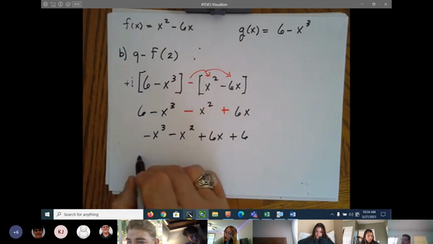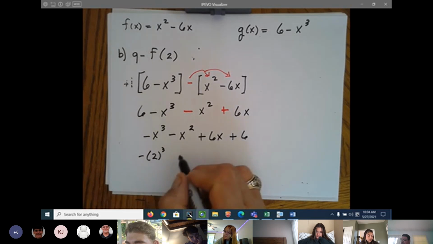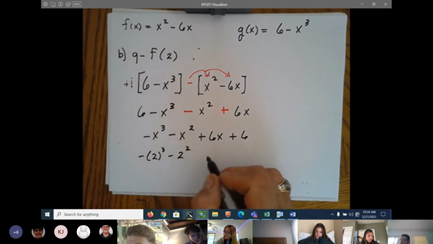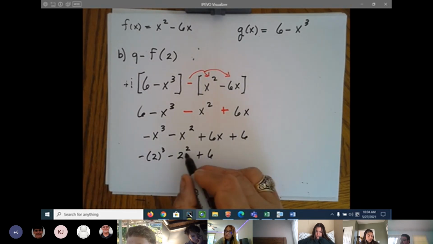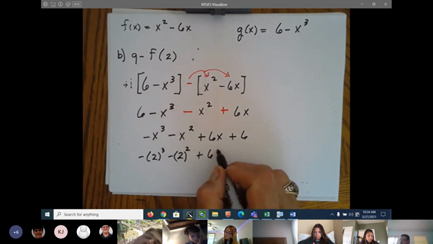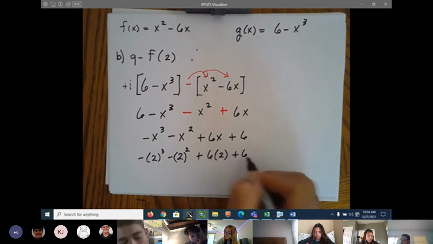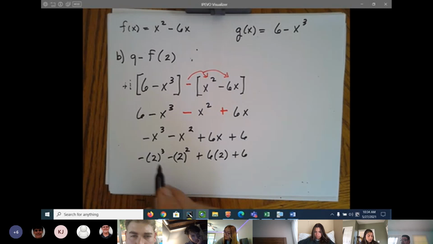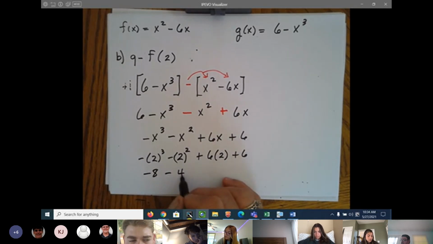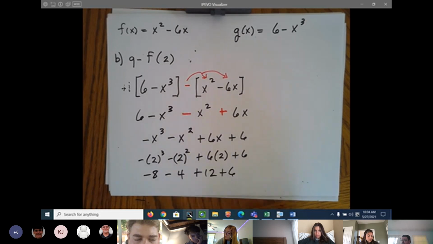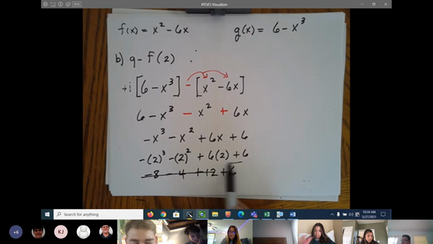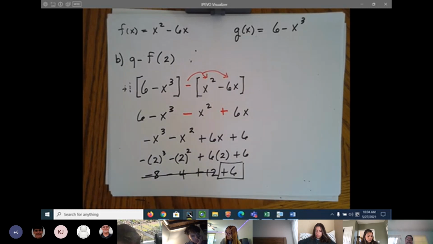Plug in a 2. And that's going to be negative 8 minus 4 plus 12 plus 6. The 12s cancel, and that leaves 6.